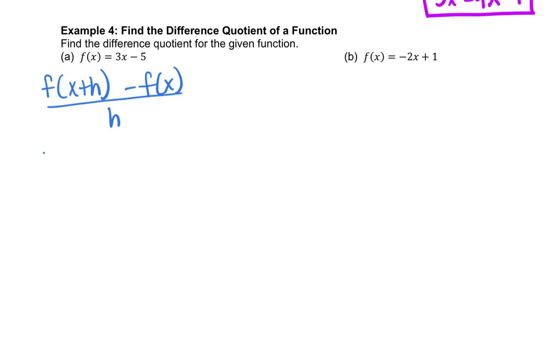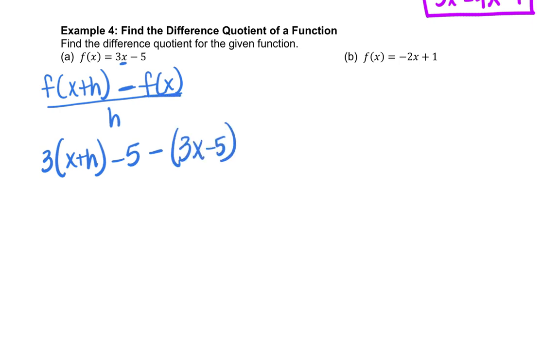So you're going to have 3 times, so replace this x with x plus h, minus 5. And then we're going to subtract 3x minus 5.